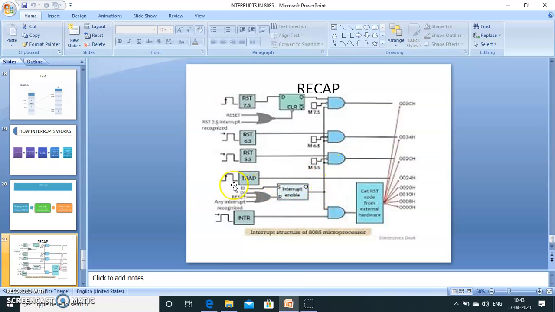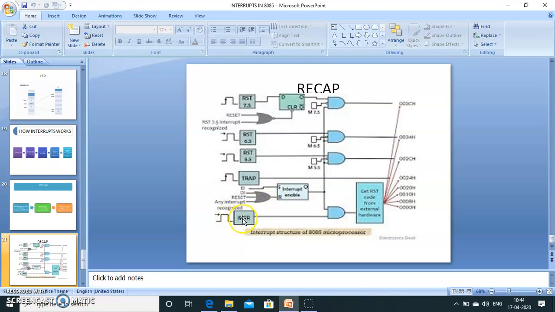While writing the EI instruction in our program, we enable all interrupts using the set pin. If the reset pin is triggered, it resets the SR latch. The reset occurs if the DI instruction, a system reset, or any interrupt is recognized, and at that time all interrupts are disabled. If the AND gate output is 1, only then does it go to the corresponding vectored address.